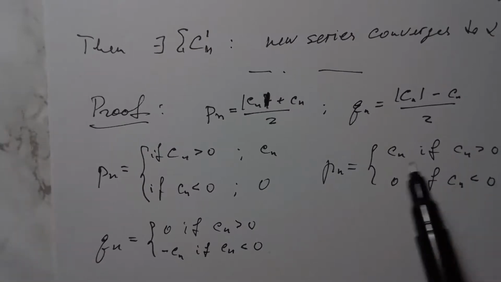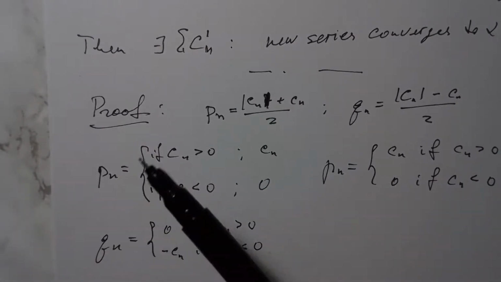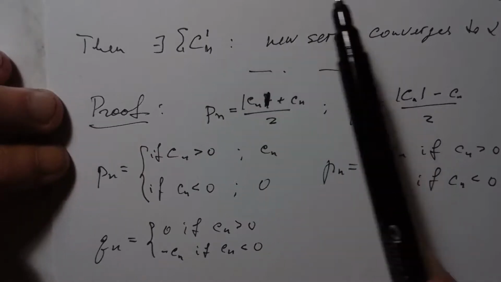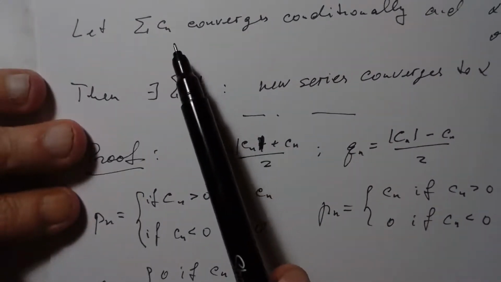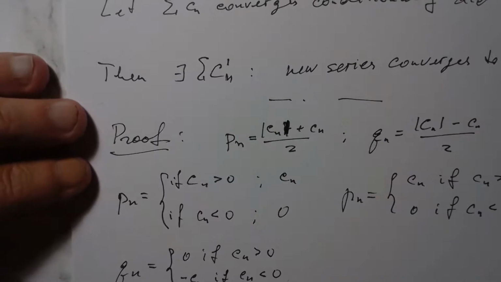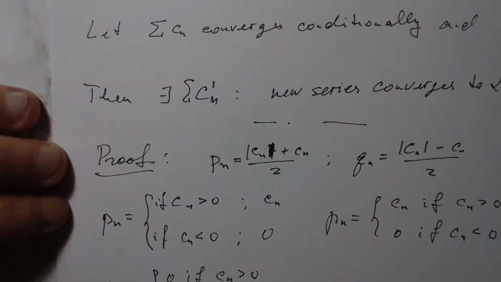In other words, what these numbers P_n and Q_n do is P_n represents all the positive terms of the series C_n that I started out with. Q_n represents minus all terms which are negative, which come from the series C_n.